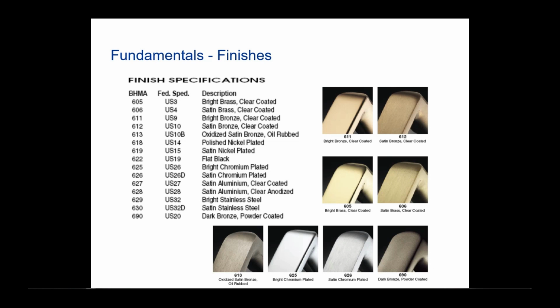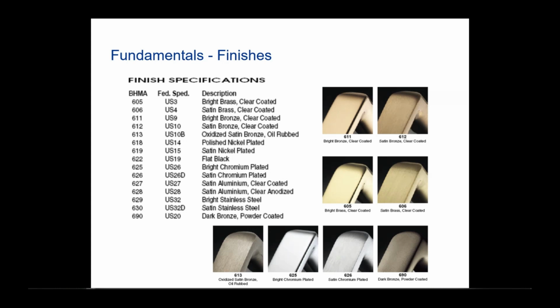They created a national standard so that whenever architects, end users, contractors, or distributors identify a product to you, they don't say, oh, is that rust or is that black prime? They can say, okay, this is 613 or US 10B. So that way they can say, this is what that color is. We can send that on to the manufacturer, and that manufacturer knows what color you're looking for.